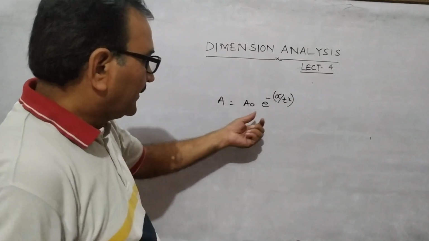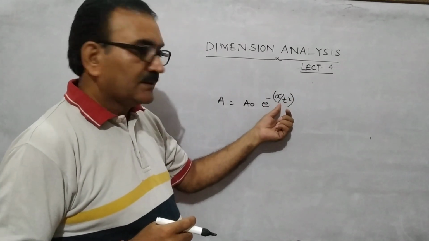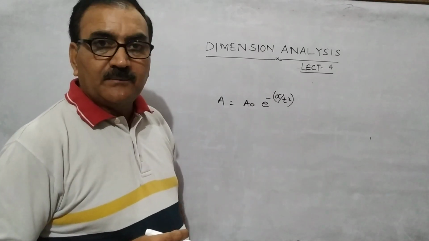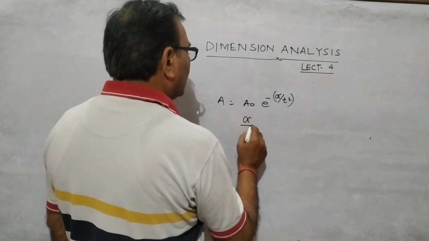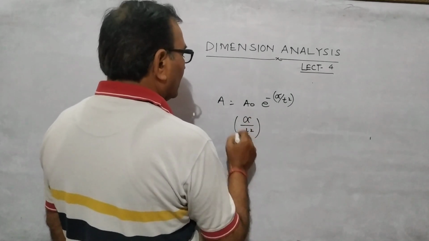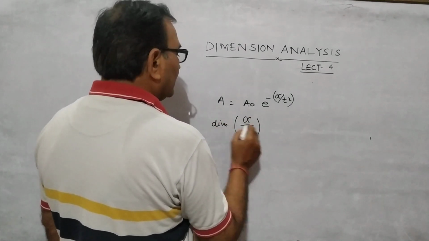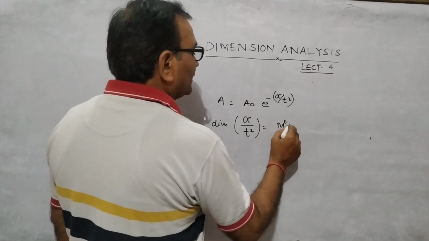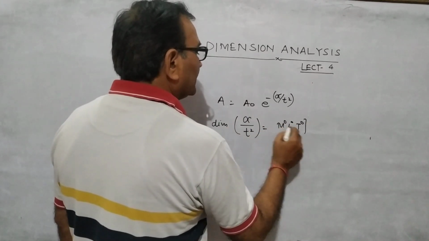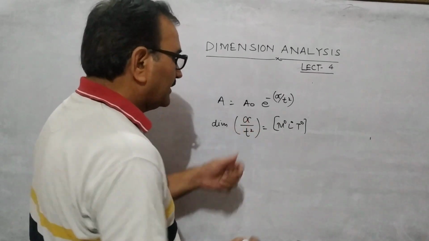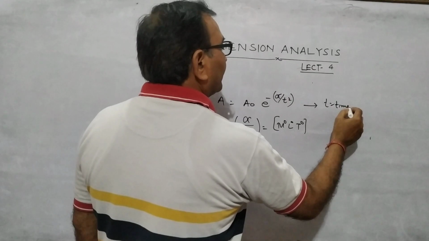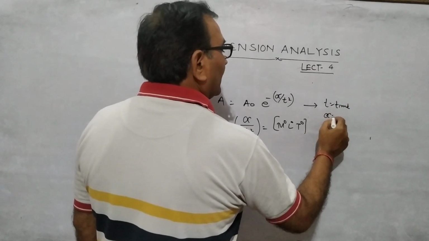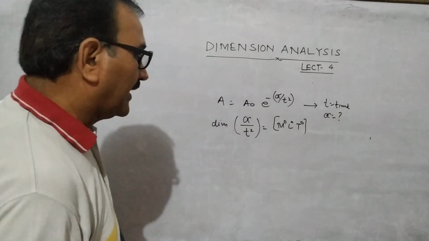So here this is a power of an exponent, so this whole is a dimensionless quantity. So the dimension of alpha upon t square equals M0, L0 and T0. According to the question, t is time, and you have to calculate the dimension of alpha.